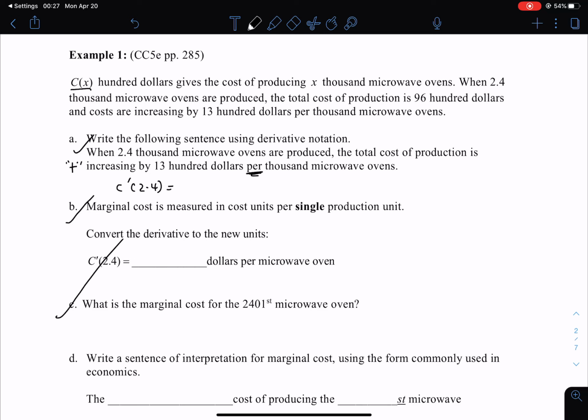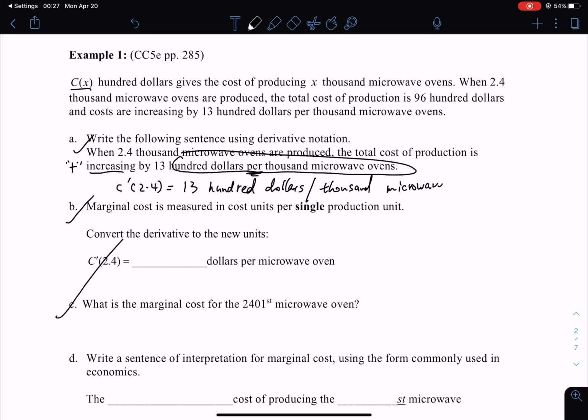And please pay attention to the unit. Increasing means positive, so positive 13, and the unit is right here, $100 per 1,000. Alright, this is the first one.